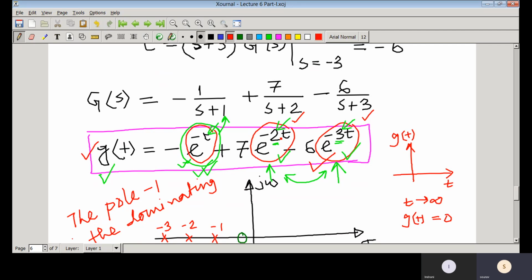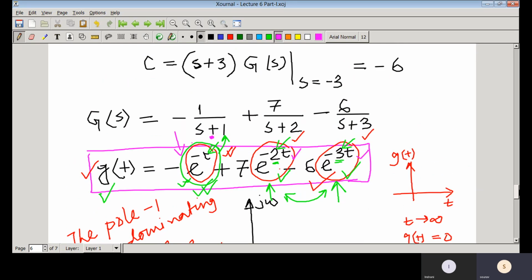As 2 and 3 are greater than 1, the second and third terms will die out quickly compared to the first term. In other words, in the transient response, the effect of the first term is more prominent compared to the second and third terms, and the first term is associated with the pole -1.